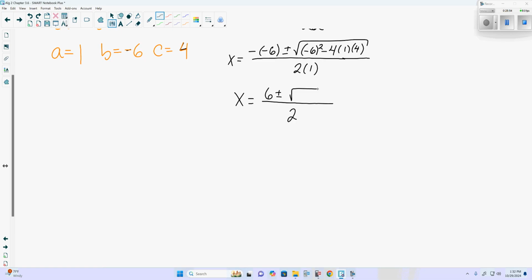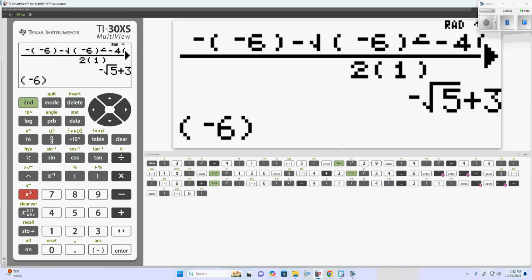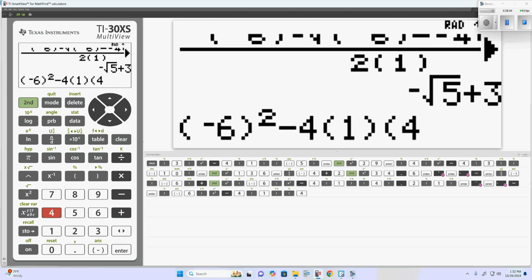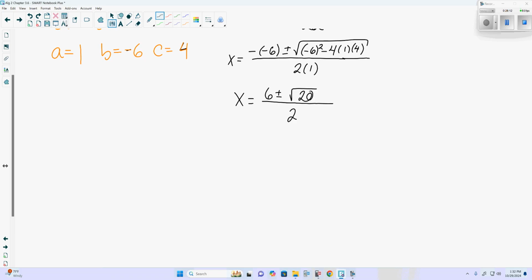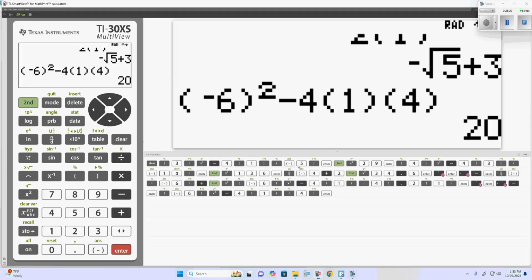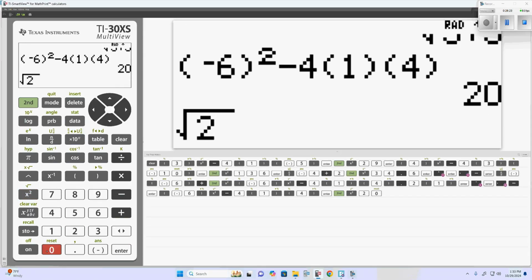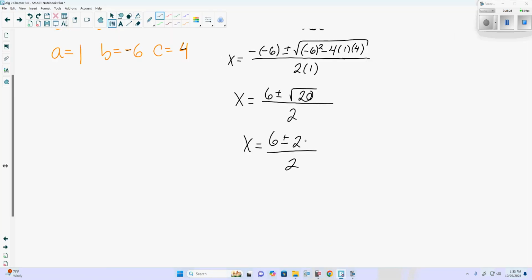Inside the radical, we have negative 6 squared minus 4 times 1 times 4, which is 20. Now we need to check and see if the square root of 20 does reduce. And it reduces to 2 square root of 5.